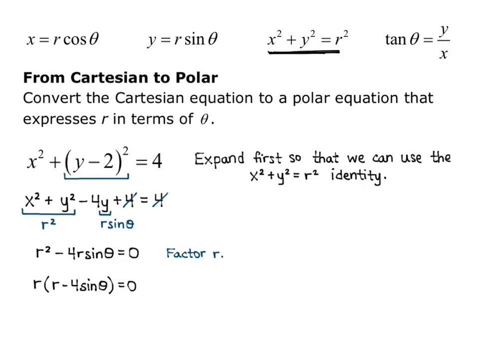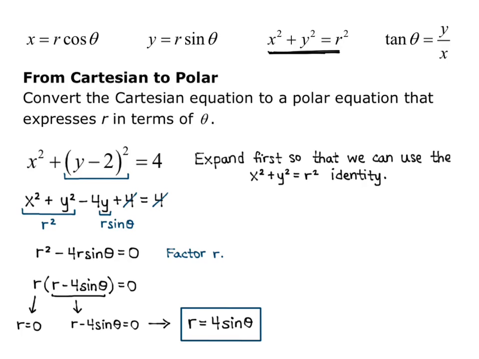So I have r times the quantity r minus 4 sine of theta equals 0. And I know from the zero factor property that this tells me r equals 0 or r minus 4 sine theta equals 0. So this tells me that my equivalent equation is r equals 4 sine theta.